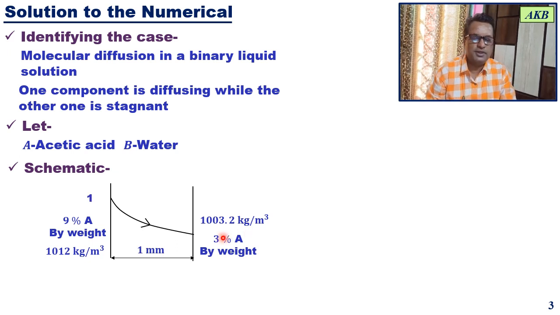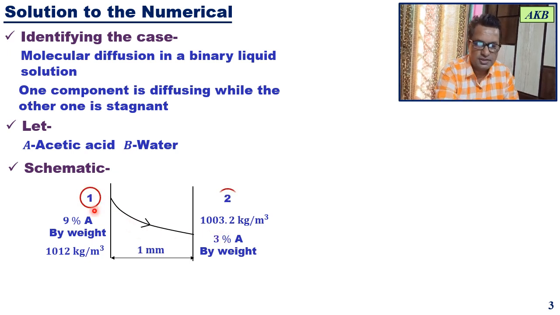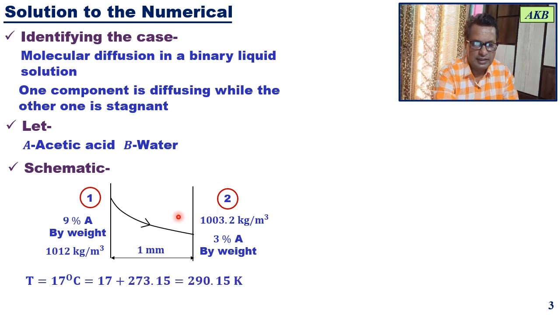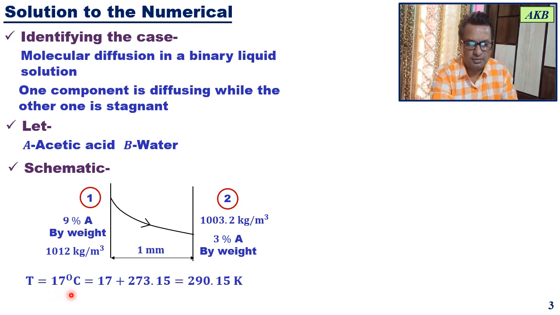I have represented that pictorially. So if you call this end 1 and this end 2, let us call this end A1 and this end A2. Then after that, temperature is given to us. Temperature is 17 degrees Celsius. As a practice, you always convert it to Kelvin because you may need it.